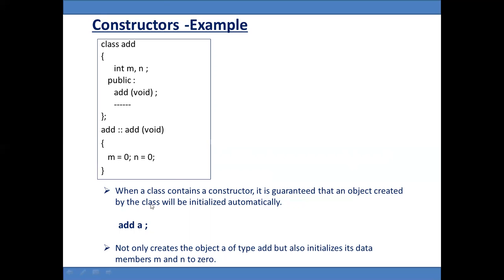In the main program, you just have to declare the object, class name add, A is an object, and it automatically initializes the values. It not only creates the object of type add, but also initializes its data members m and n to 0. Okay.